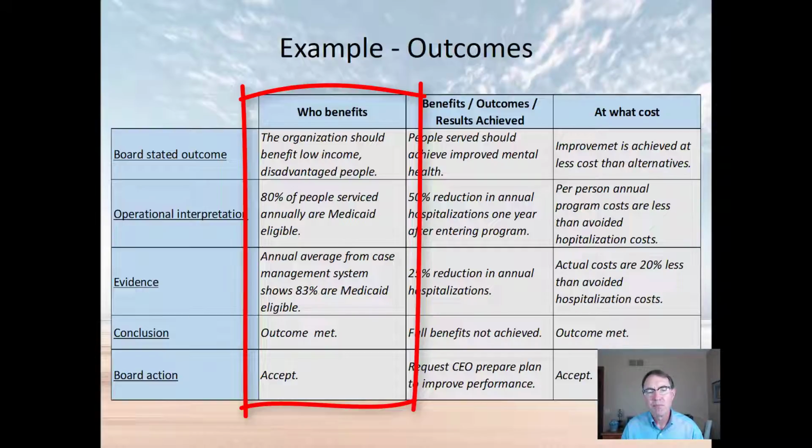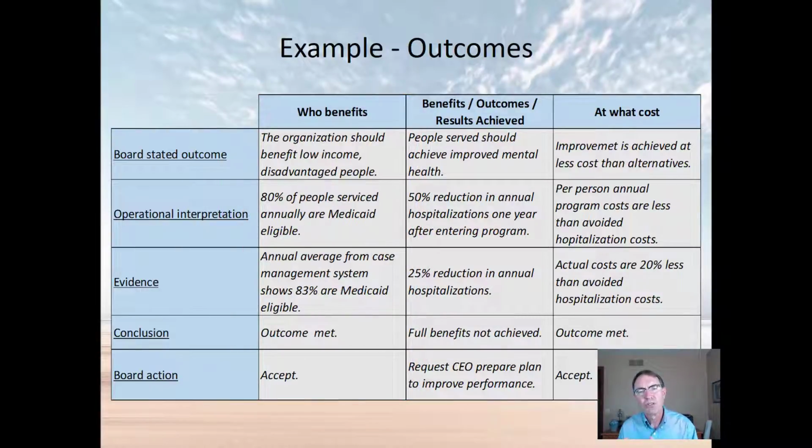The evidence they might present on, say, an annual basis is that the annual average from the case management system shows that 83% are Medicaid eligible. So the conclusion is, okay, you're above the standard that has been set, and things are good, and you're good to go. So you accept the report. All of that is fine.